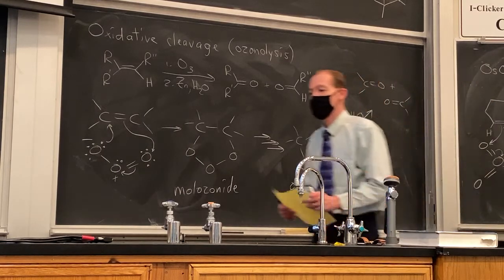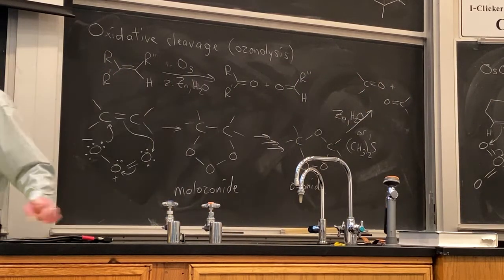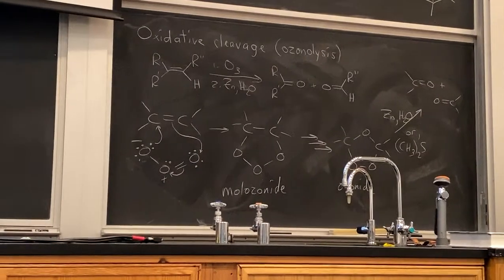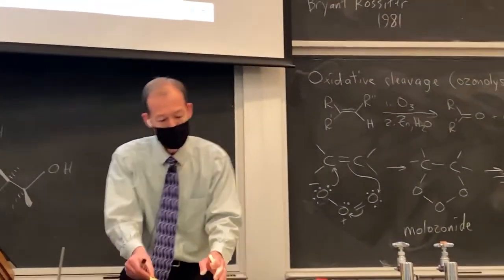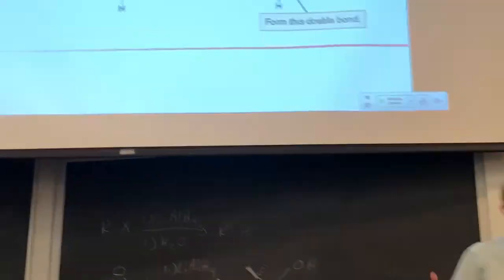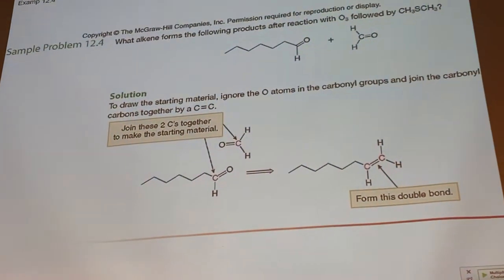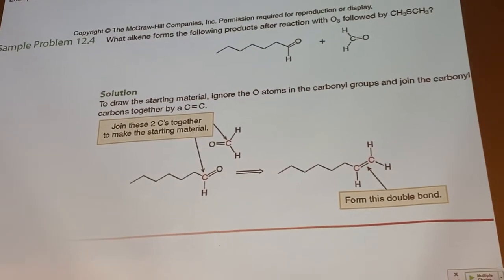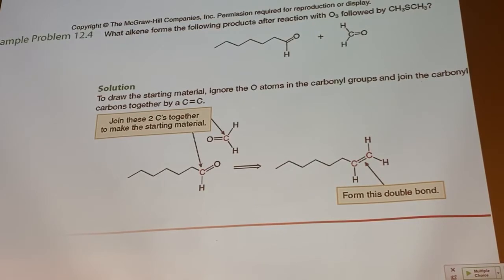So ozonolysis was used classically before the advent of spectroscopy as a way of structure determination. Because before we had spectroscopy, it was easier to determine the structures of aldehydes and ketones than it was to determine the structure of alkenes.